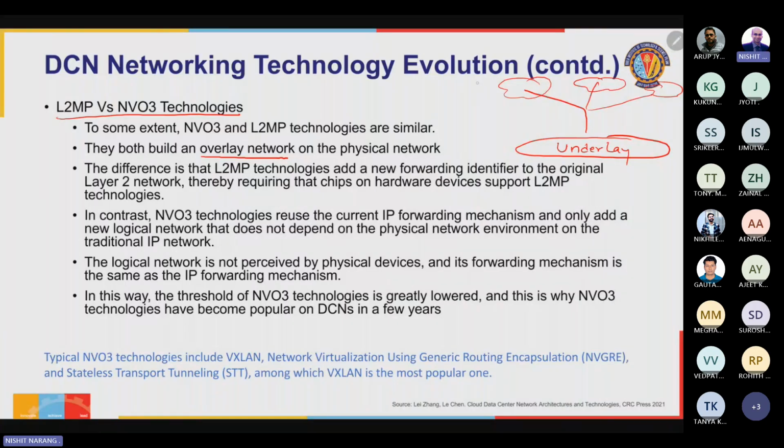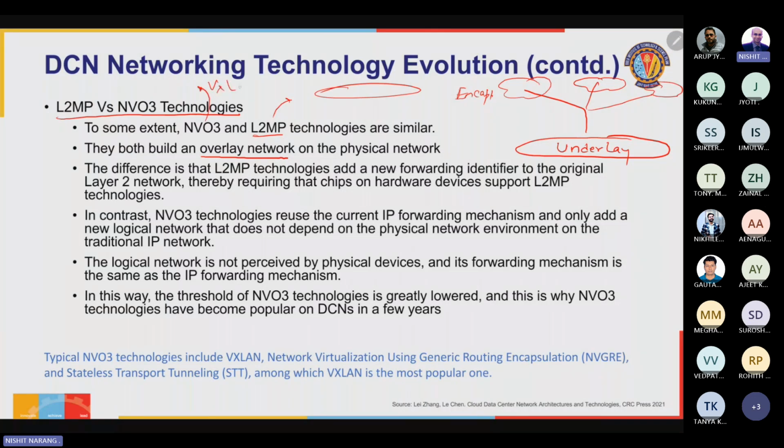VLAN did it by having a field, the VLAN ID. L2MP and NVO3 do that by using encapsulation. They encapsulate the sending traffic into a newer protocol, and that new protocol has an additional field which identifies the tenant ID. L2MP protocols like Trill have that reserved 32-bit field.